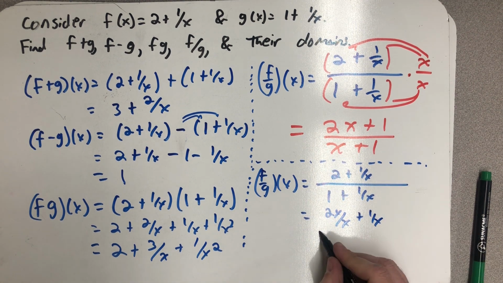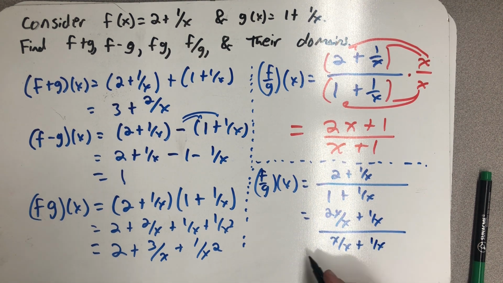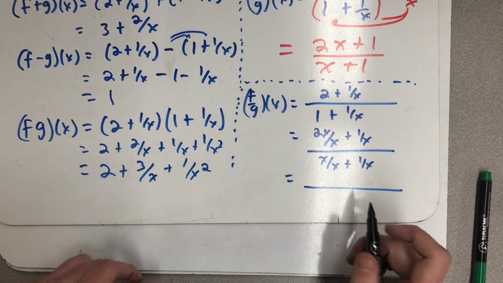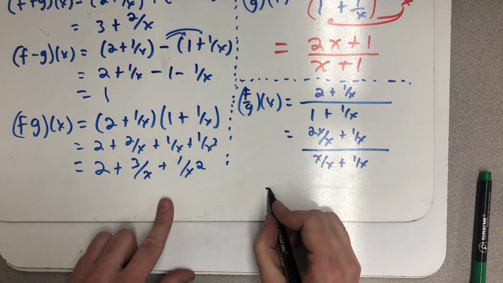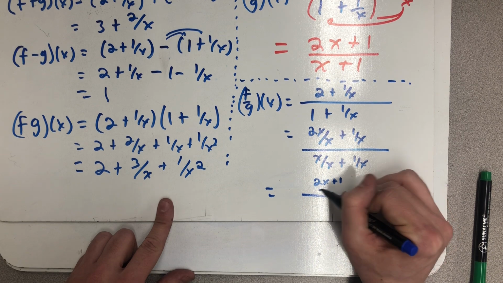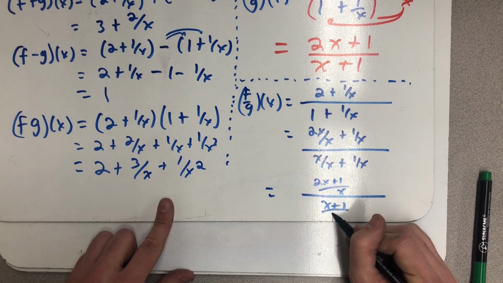I get 2 over x plus x. Here I get x over x plus 1 over x. And now what I can do is on top and bottom, rewrite those as one fraction. So on the top, I have 2x plus 1 all over x. And on the bottom, I have x plus 1 all over x.